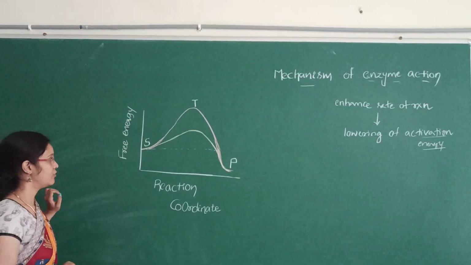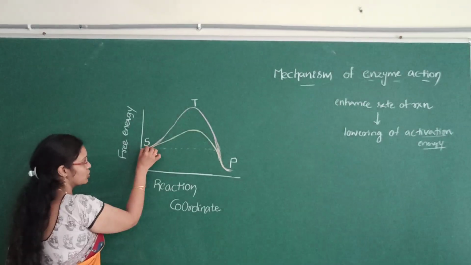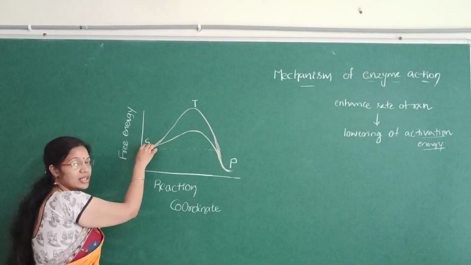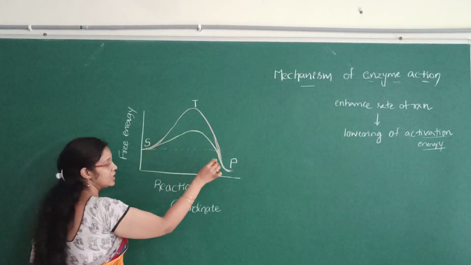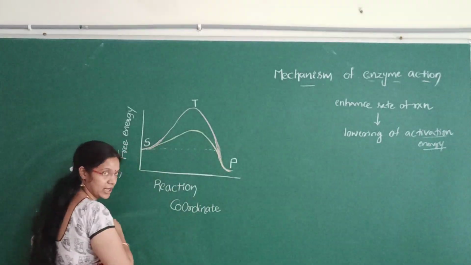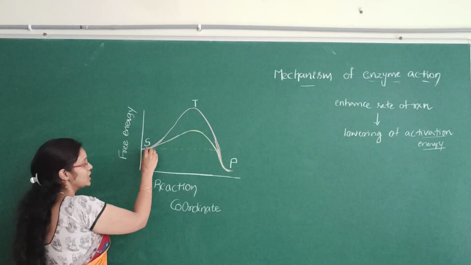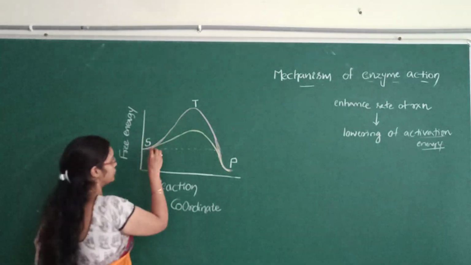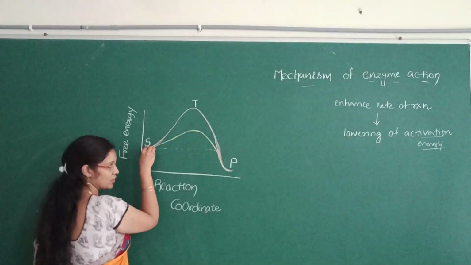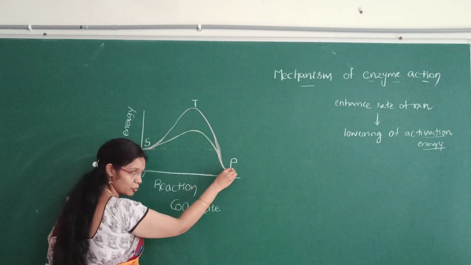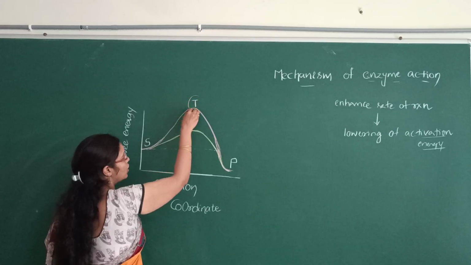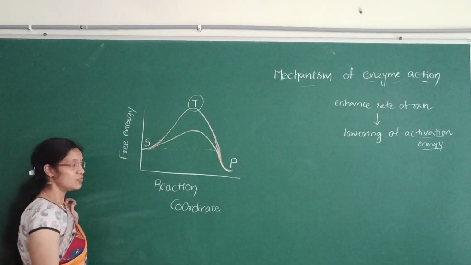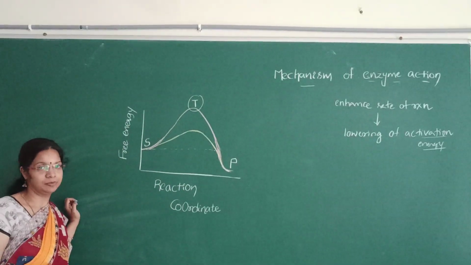You can see the energy levels of substrates here and the energy levels of products here. But you can see a bump in the graph: whenever the substrates have to be converted into products, they have to move to a state called the transition state, represented by T.